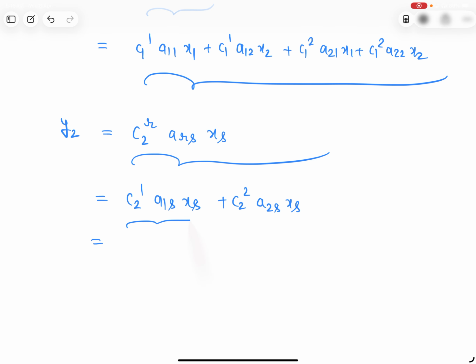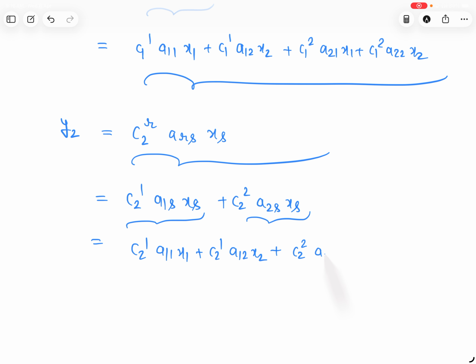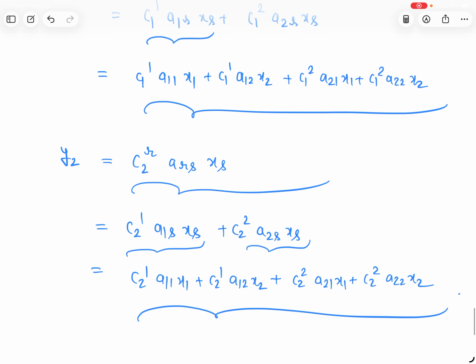Now expand this over s: C21 A11 x1, C21 A12 x2. Expand this now: C22 A21 x1, C22 A22 x2. So this is the answer. Okay, so this way we can calculate double sum.